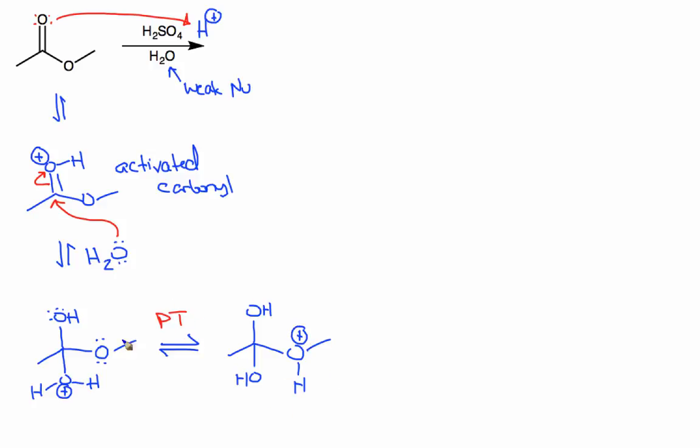It's perfectly fine if you want to do a two-step process where you first remove this proton with a weak base like water, and then transfer the H plus to this ether oxygen. But I'm showing it as a shortcut with the proton transfer step.